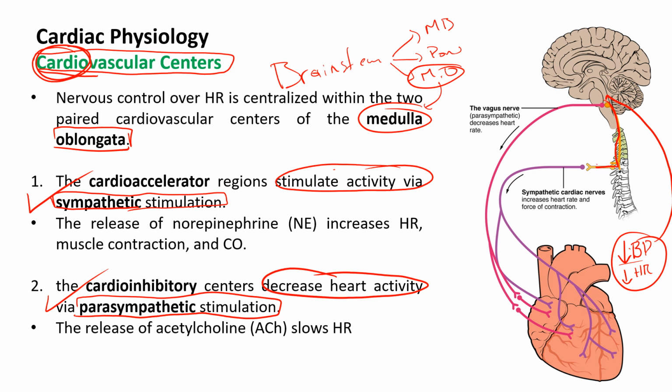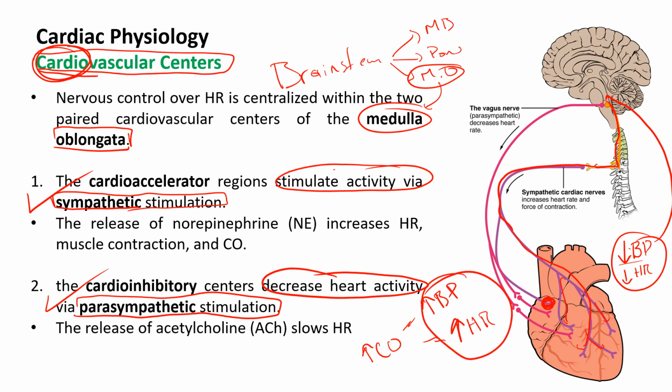These nerves will leave the spinal cord and travel through the body to reach specific parts of the heart, the most important one here being the SA node, and that will stimulate an increase in heart rate. And if you have an increase in heart rate, that means an increase in cardiac output, which means an increase in blood pressure. That is the first response, right?